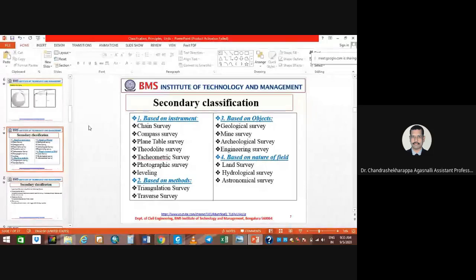They did the survey. That's called the Geological Survey of India. It's a central government organization, and they used to carry out the survey for entire India. From that department, they are producing the survey topo sheets. The Geological Survey of India used to do the compass survey along with the geological survey.